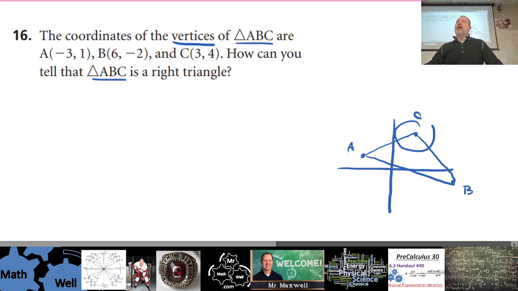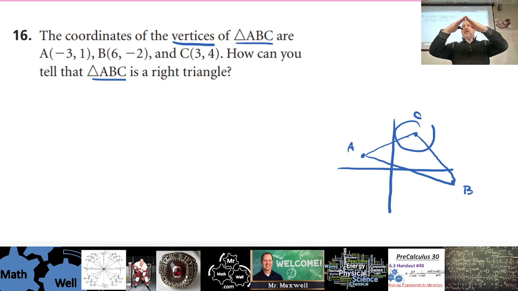Now, if we have two lines that intersect and form a right angle, what do we know about the slopes of those lines? The slopes must be negative reciprocals of each other, because that would make 90 degrees. So they have to be perpendicular.